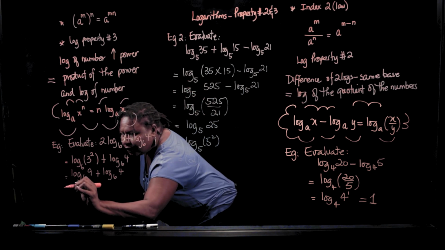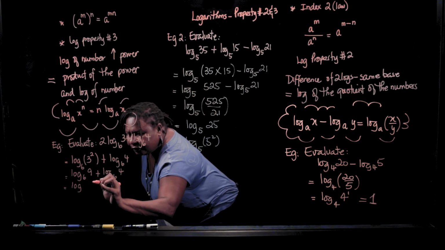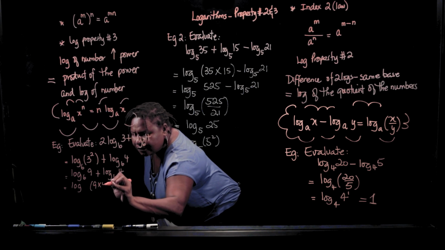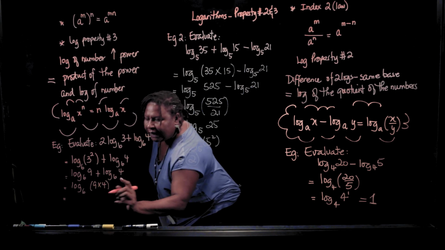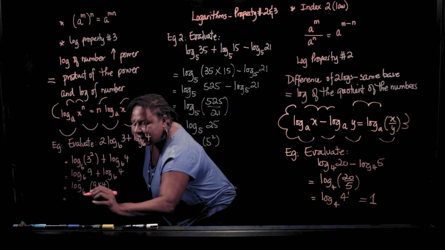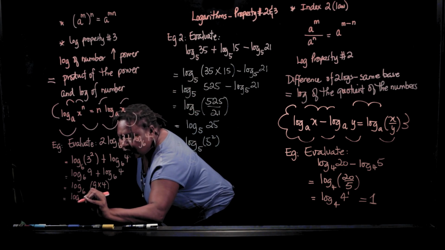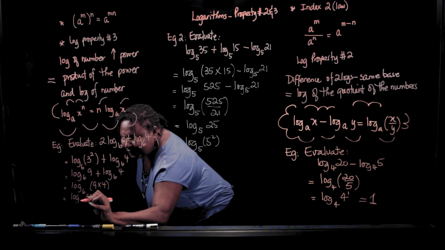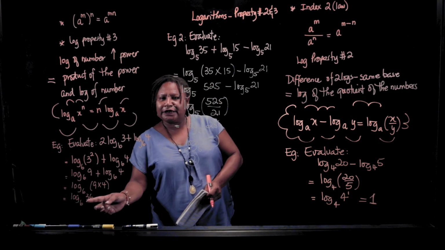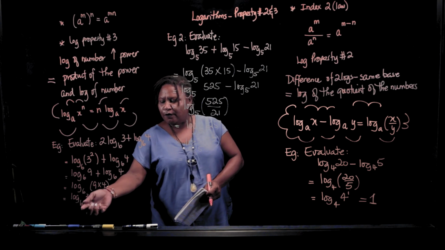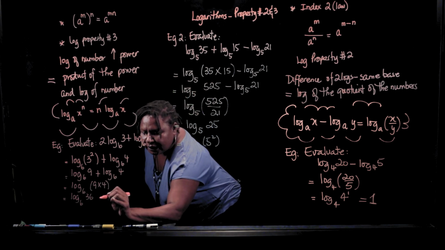So we multiply log of 9 times 4 to base 6. 9 times 4 is 36. Okay, so we have log of 36 to base 6. All right. Again, we express 36 in index form with a base of 6.